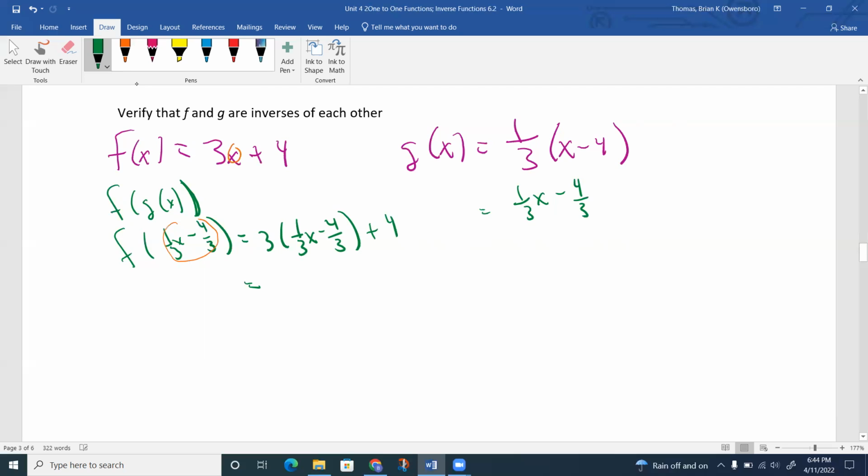When I do that, I like to start with the denominator. So 3 goes into 3 one time, and 1 times 1x would just be 1x, or we just write that as x. 3 goes into 3 one time, 1 times -4 would be -4. So the parentheses are now removed, and then I just add this 4 in there. Notice how -4 and 4 will zero out, and that gives me x. So it does pass the first test. f of g of x does equal x.